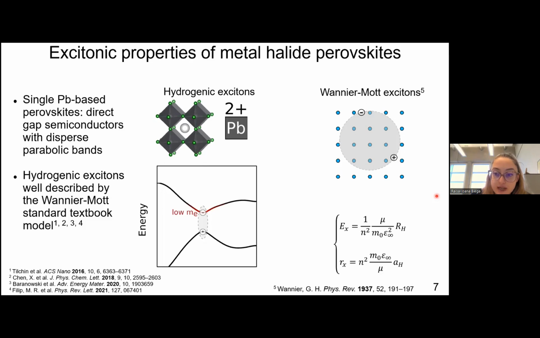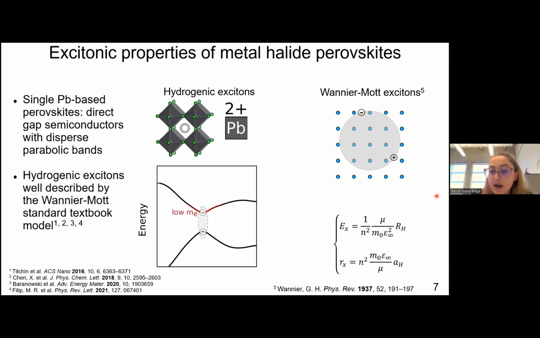For the double perovskites, at least for the silver bismuth, the exciton binding energy is around 250 meV, and that's almost as big as the exciton binding energy for the layered lead-based perovskites.